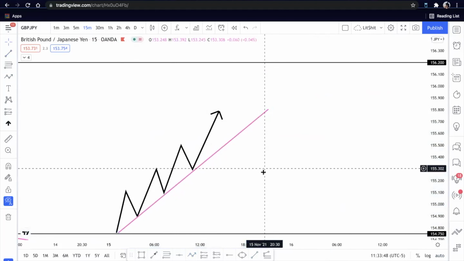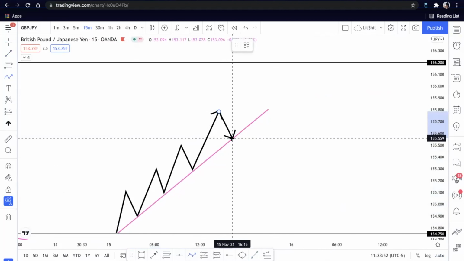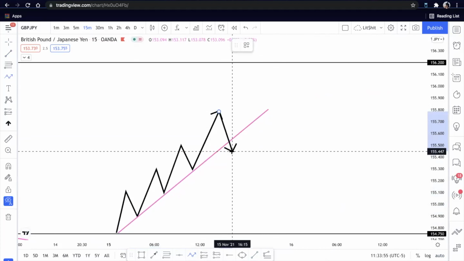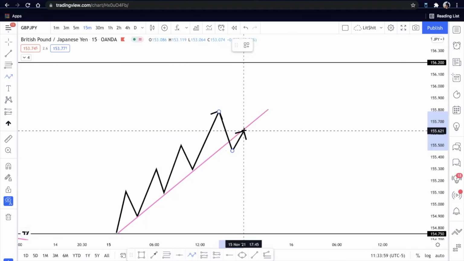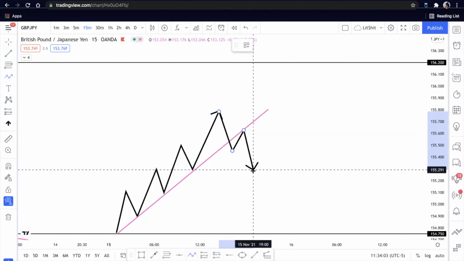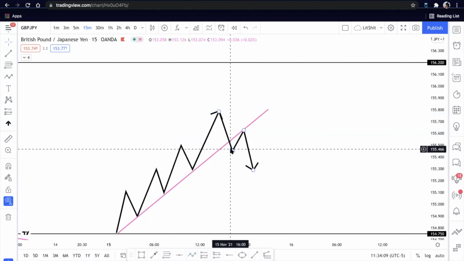Okay, so as soon as you see a break in your trend, something like this, okay, look at that, boom, and it comes back and retests that trend line, followed by a lower low. What I mean by a lower low is this low is lower than the last low.